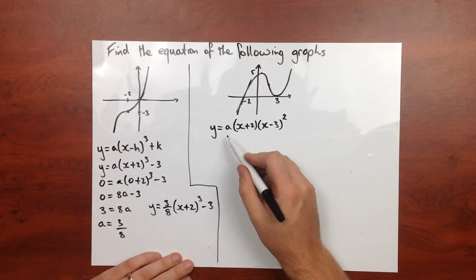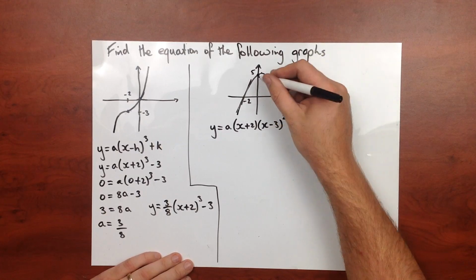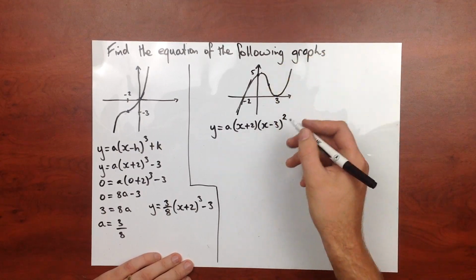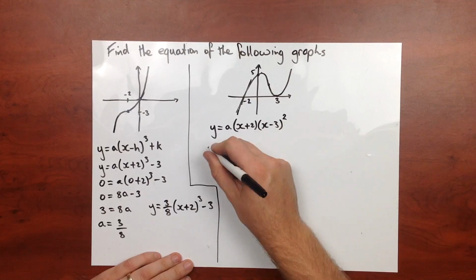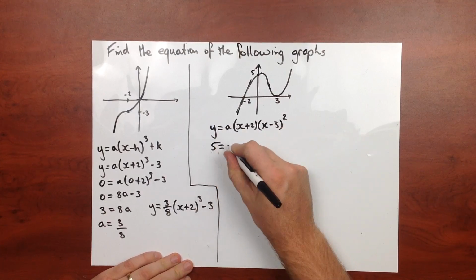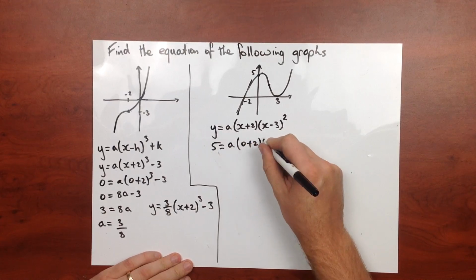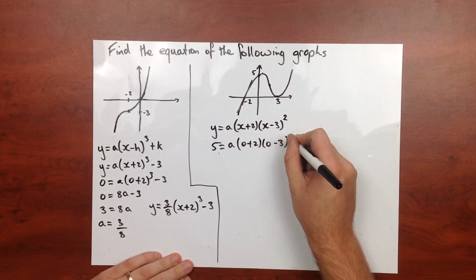Now again we need to find this a value. How do we find it? I'll use this y-intercept knowledge. So we know when x is 0, y is 5. So 5 equals a times (0 plus 2) times (0, take 3) squared.